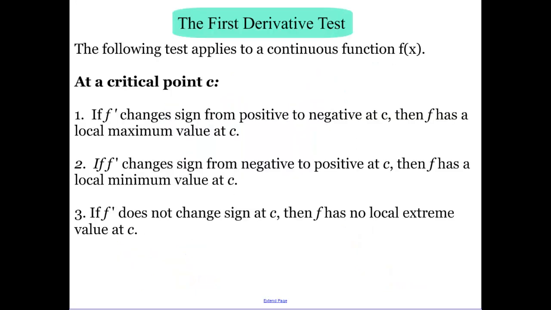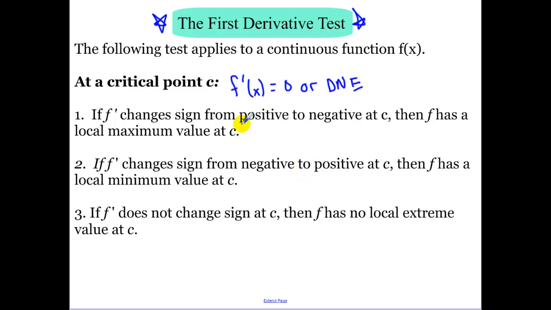So our first derivative test. The following applies to a continuous function. You need to know and understand this. Make sure you have this written down. So a critical point, remember, that's when our first derivative equals 0 or doesn't exist.